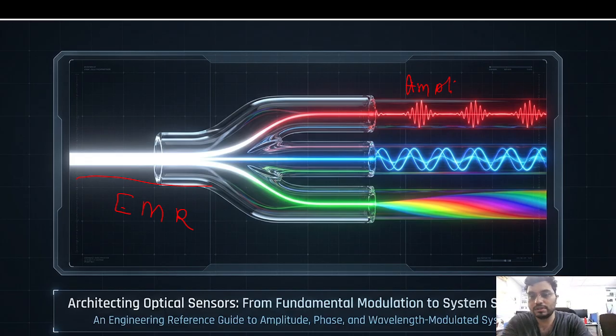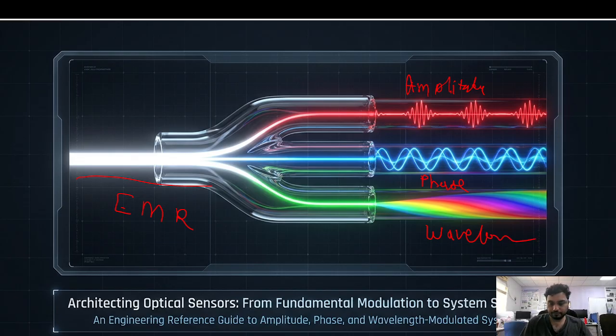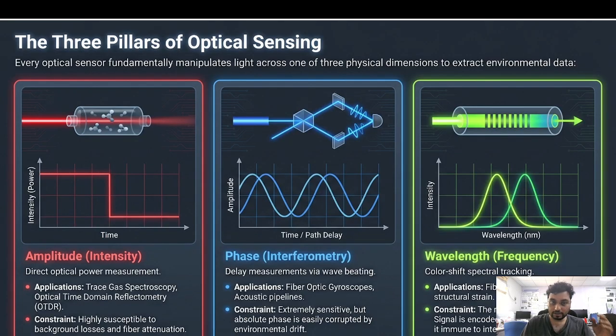One is amplitude, another is phase, and another one is wavelength based. We have already covered these amplitude, phase and wavelength modulation systems. Also we can say these are the pillars of optical sensing.